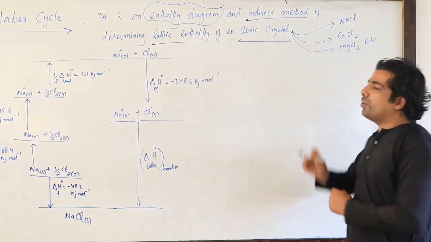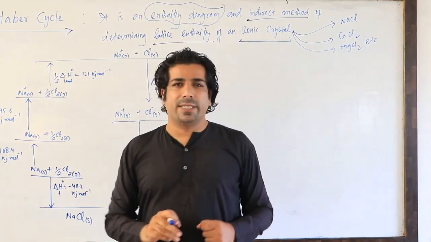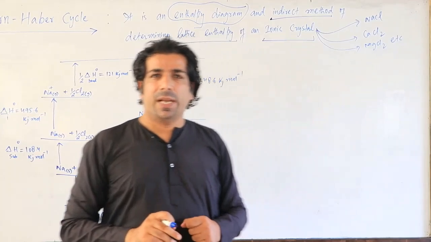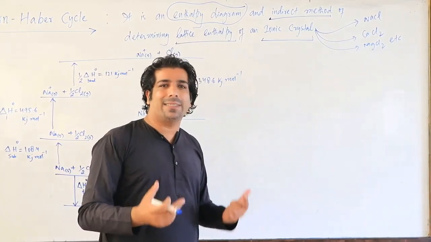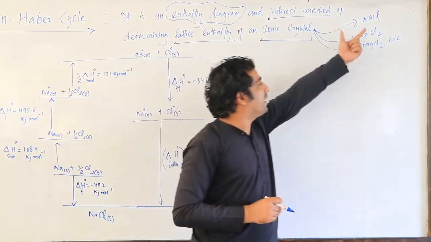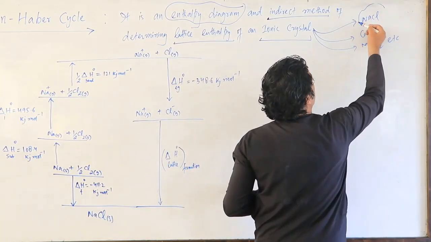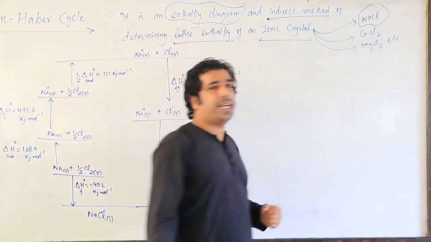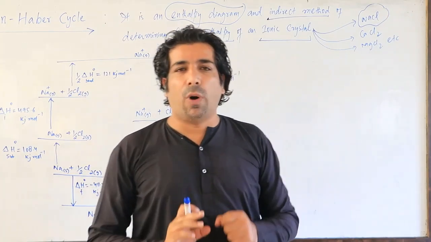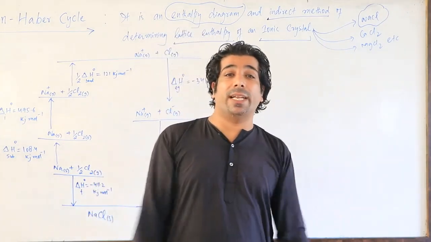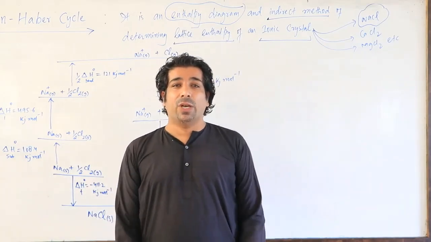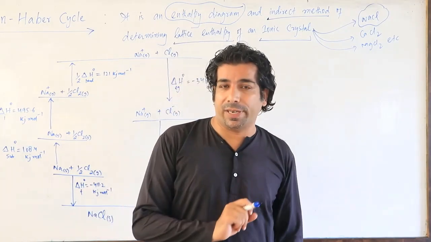Any kind of ionic crystal you can make, and you can calculate the lattice enthalpy for such ionic substances. So I will take one example to make you understand what this Born-Haber cycle is and how to calculate the lattice enthalpy through the indirect method, my dear friends.